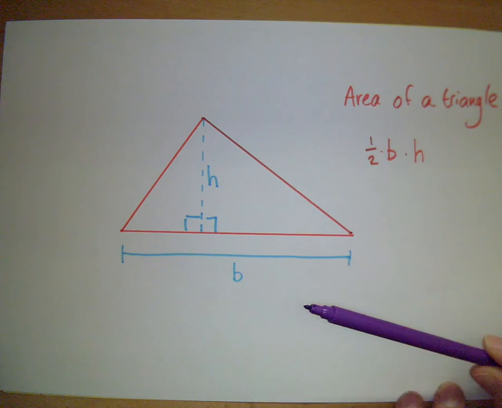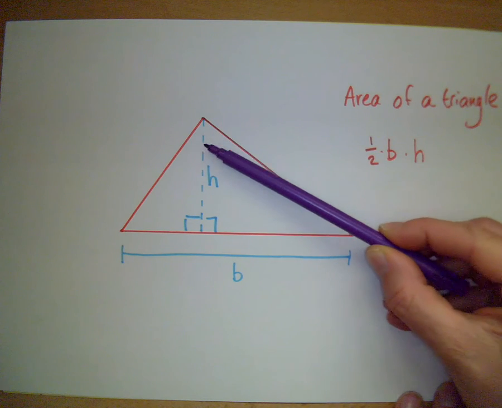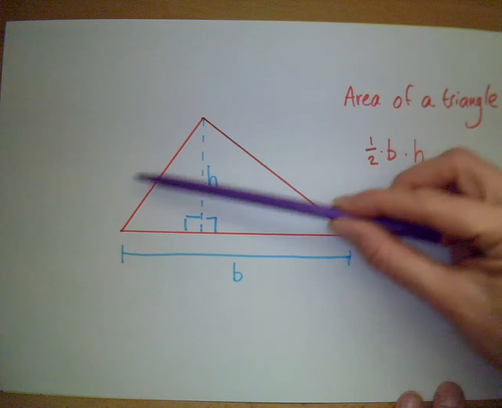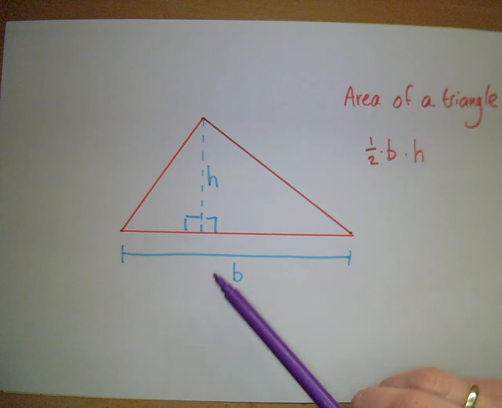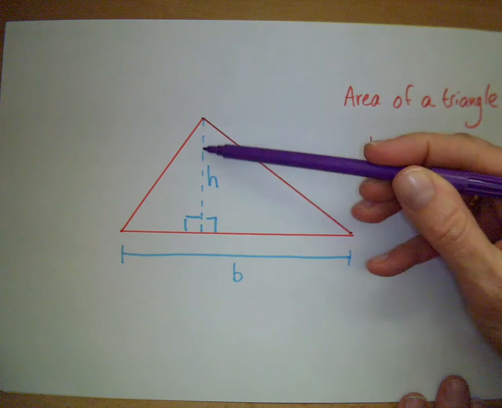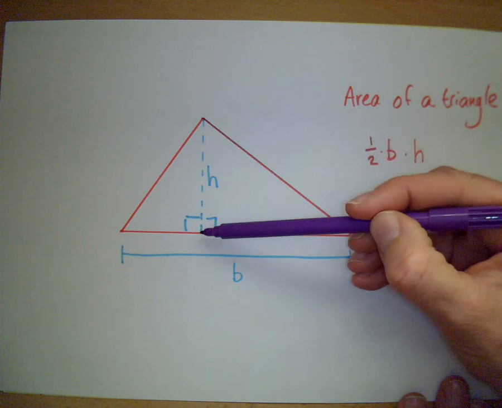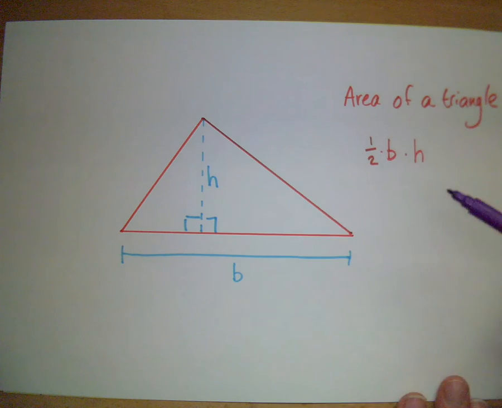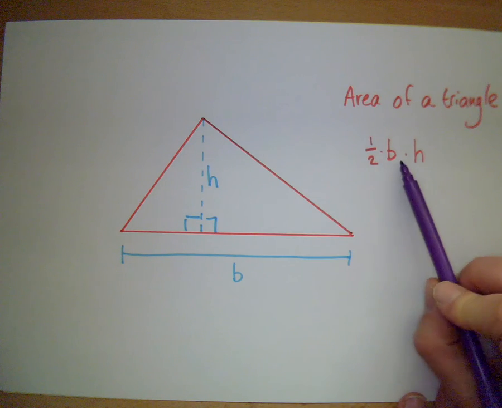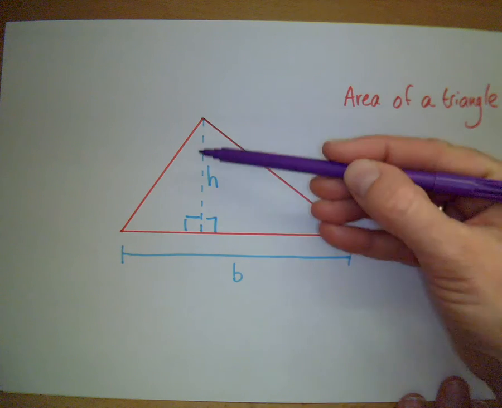When you have a triangle that isn't necessarily a right angle, it's just a random triangle, and you know the length of the base and the height of the triangle, the perpendicular height, as it's also called, then the area of that triangle is 1/2 times base times height.